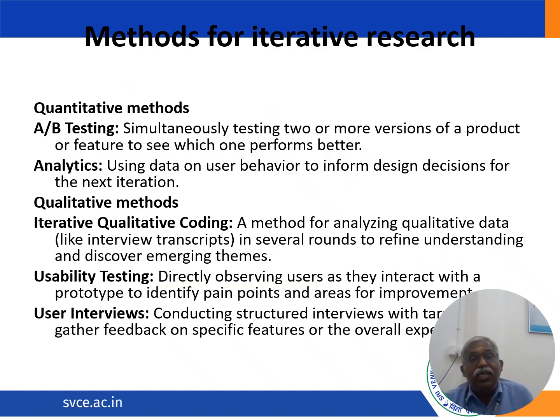Now we will see the methods. We have a quantitative method as well as a qualitative method. A/B testing is simultaneously testing two or more versions of a product or feature to see which performs better. That is important.